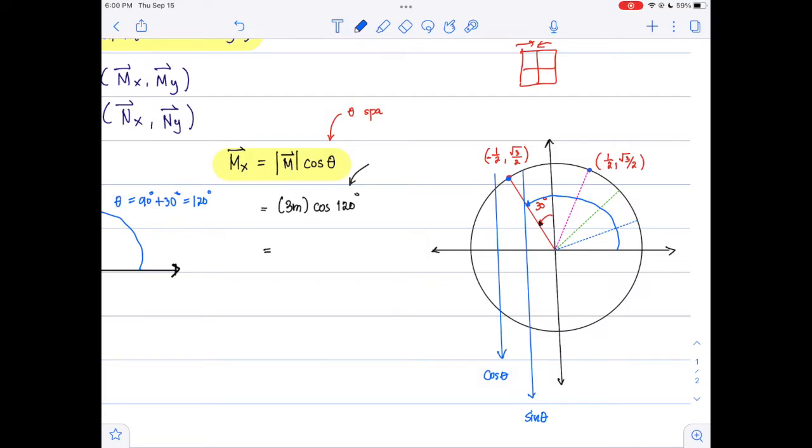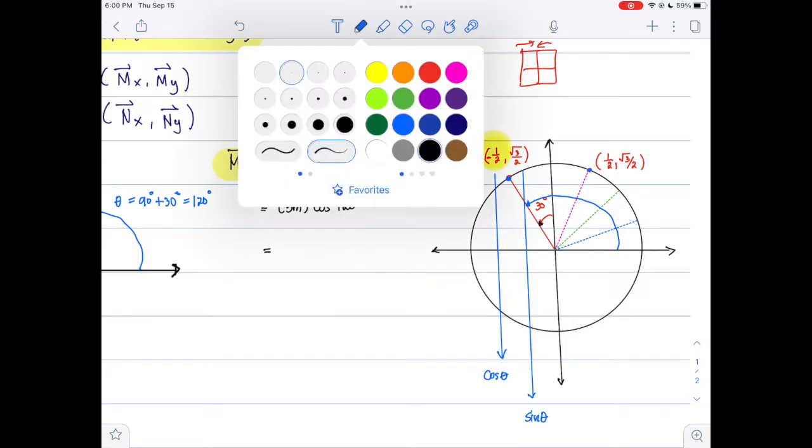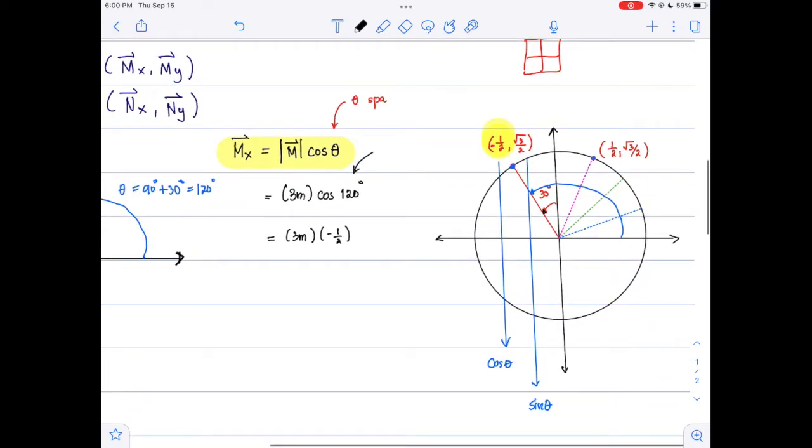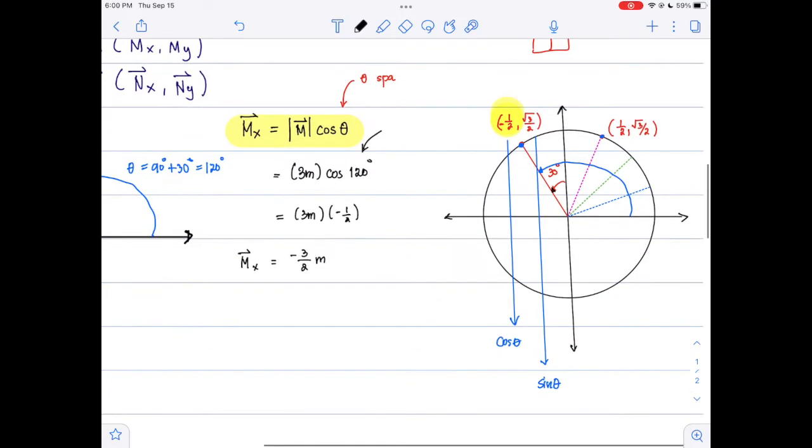So right now the cosine 120 is just this one. You don't need calculator as I've said. So I'm going to write here 3 meters and the cosine of 120 is negative 1/2. So that means to say that the m sub x in this case is equal to negative 3 over 2 meters. So that's your x component. Okay?